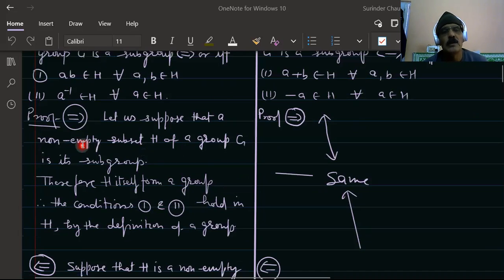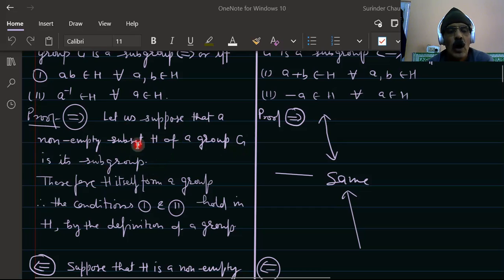Proof of this is the necessary part. Let us suppose that a non-empty subset H of a group G is a subgroup.